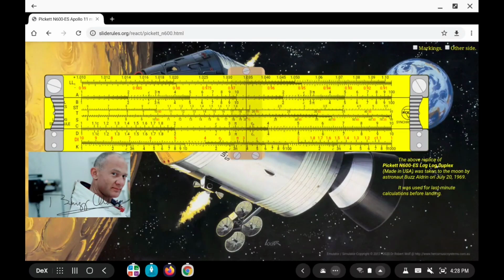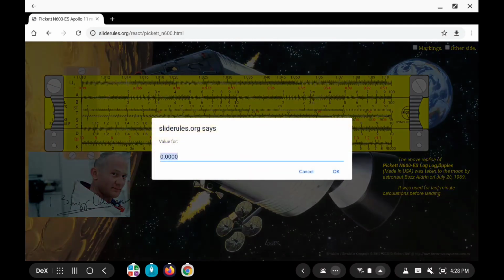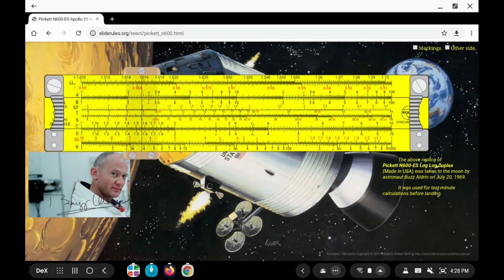Now what this means is that I can use the A scale and B scale to calculate squares and square roots. Okay, so if I think of the length from A equals 1 to 4 as being the logarithm of 4, you can see that on the C scale, that goes from 1 to 2.